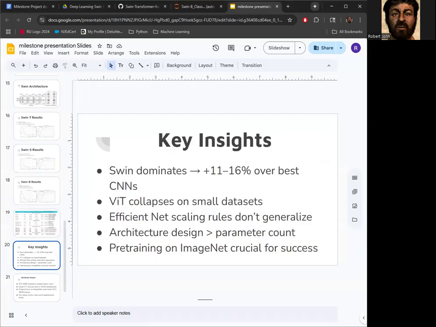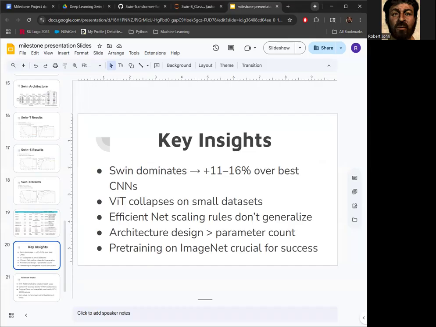The key insights, or the big takeaways from our experiment. First, Swin dominates. We see an 11 to 16% accuracy boost over the best CNNs. Second, pure vision transformers collapse on small datasets without inductive bias. They simply don't converge.